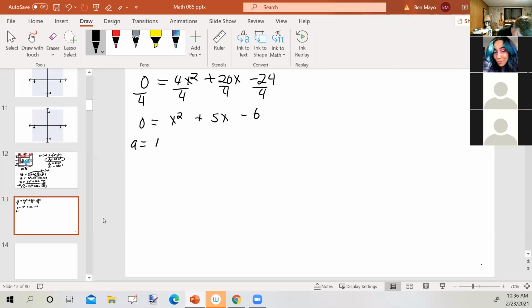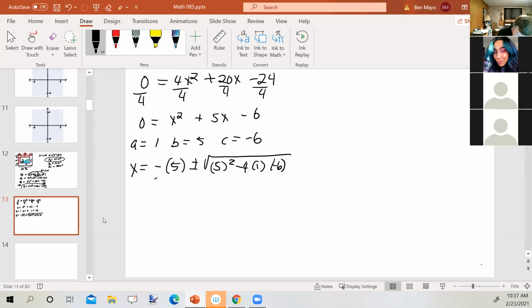So a is 1, b is 5, and c is -6. So x equals negative b plus or minus the square root of b squared minus 4ac, all over 2a.